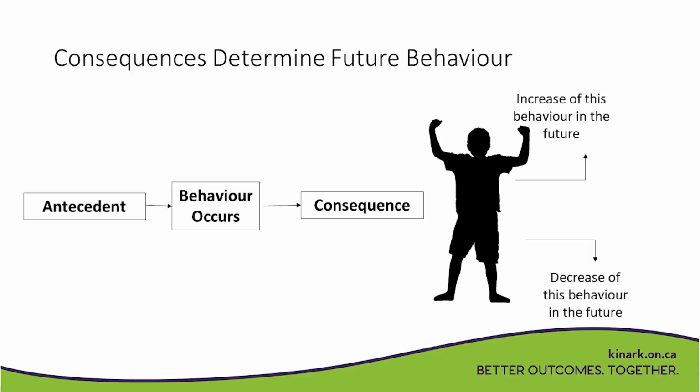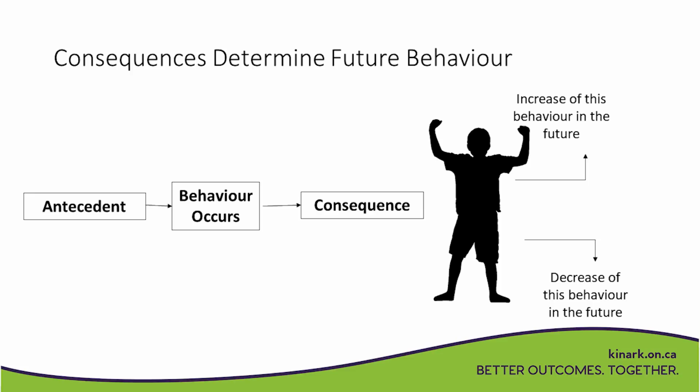For example, if a teacher says, "Do your math," this is the antecedent, and the child completes his math work, this is the behavior, and the teacher gives a sticker to the child, this is the consequence, and the child enjoys receiving the sticker, then in the future, when the child is told to do their math, it is likely that they will comply because they were rewarded last time.